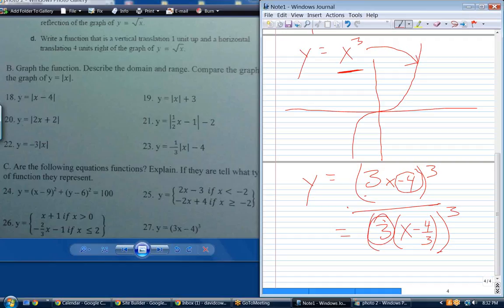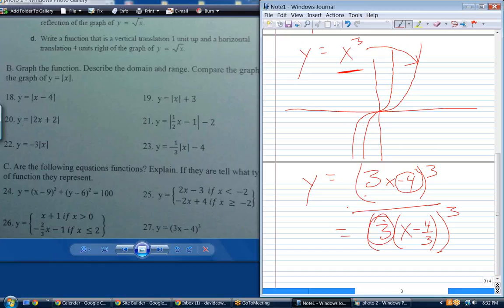But since the 3 is inside the function, it's a horizontal shrink, which means all we're going to do with this curve is squish it together a little bit. Instead of looking like y equals x cubed, if I wanted to draw y equals 3x cubed, it would look something like that.